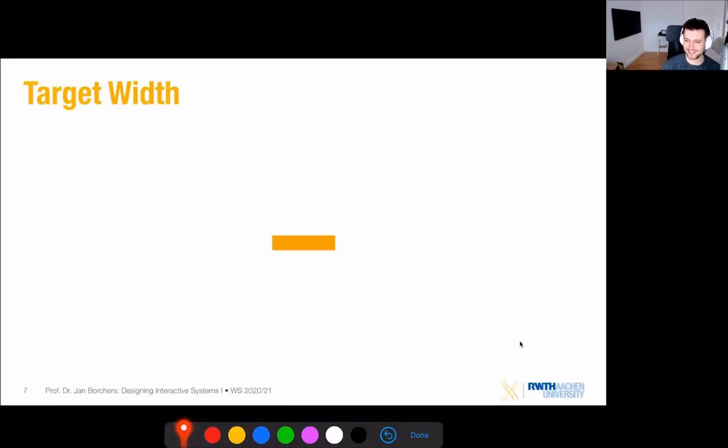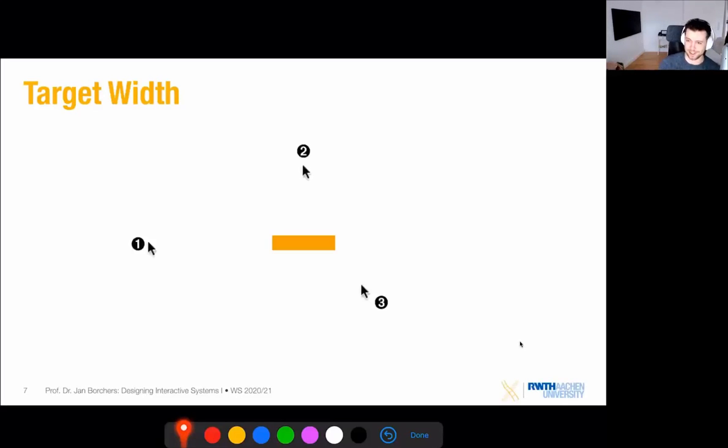It depends whether you're coming from the sides or from the top. If you're coming from above, it's smaller because you have less time on the button while you're dragging your cursor over it. Yeah, that's good. Unfortunately, you're a good student, so my next slides will be kind of obsolete.